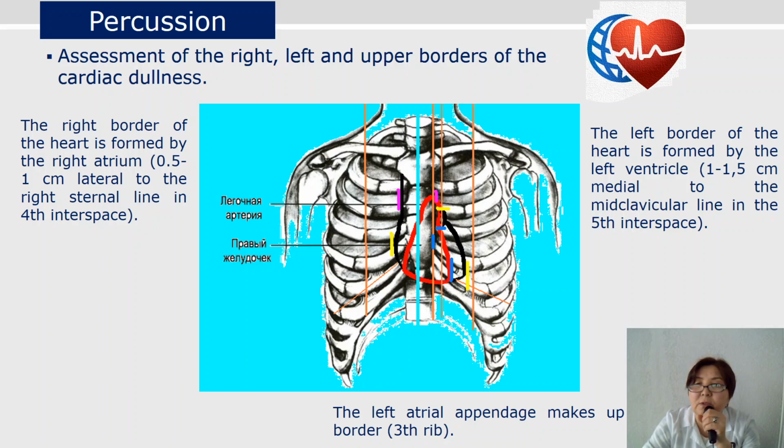The left border of the heart is formed by the left ventricle, 1 to 1.5 centimeters medial to the midclavicular line in the fifth interspace, and the left atrial appendage makes up the upper border, at the third rib.